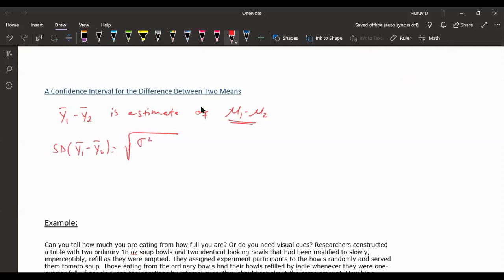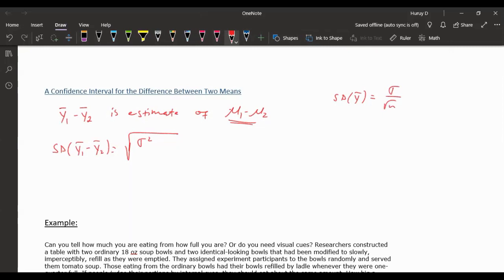If you remember, for a single mean, the standard deviation was sigma over root n.